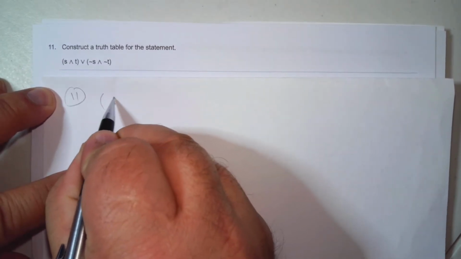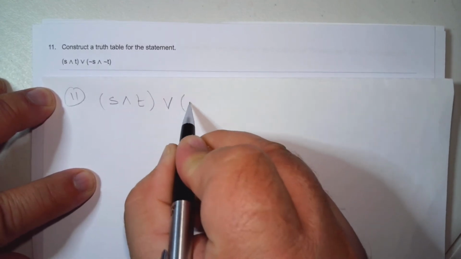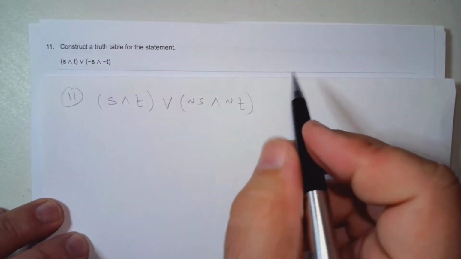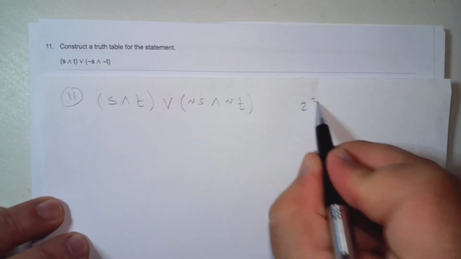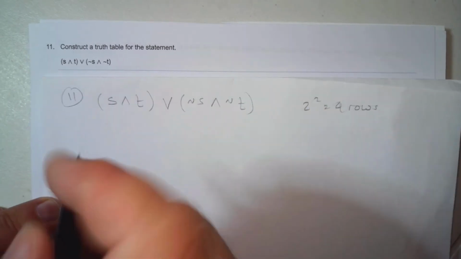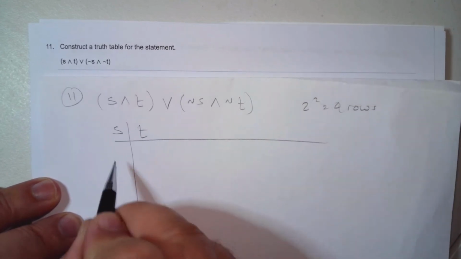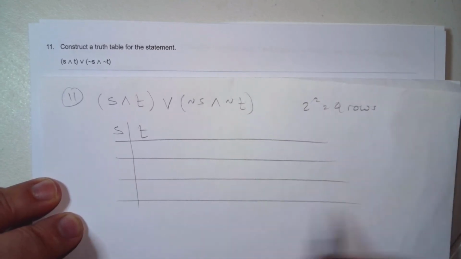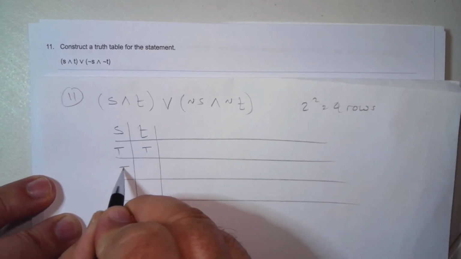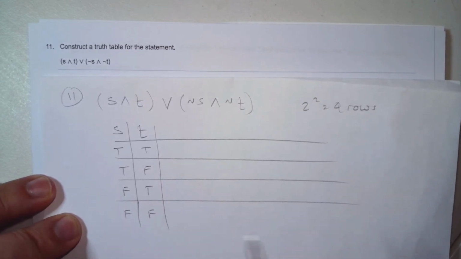We have S and T, or not S and not T. Fortunately, we only have 2 letters, so we need 4 rows. So we only use letters S and T, which could be true, true, true, false, false, true, false, false.